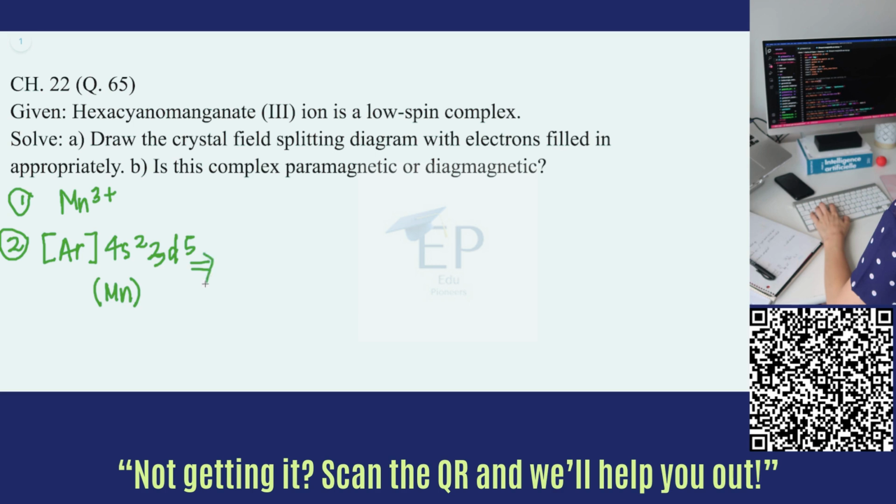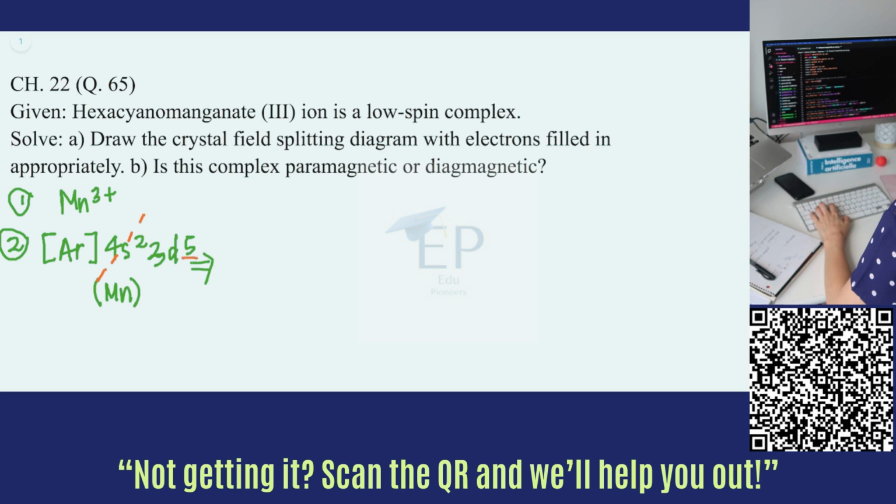To determine the electron configuration for manganese 3 plus, we actually need to recall that for transition metals, the S subshell electrons are depleted before the D subshell electrons, meaning then that we would lose 3 total electrons. Why? Because the charge is 3 plus, and 1 electron from the D orbital.